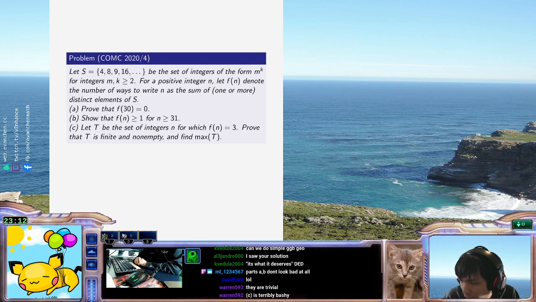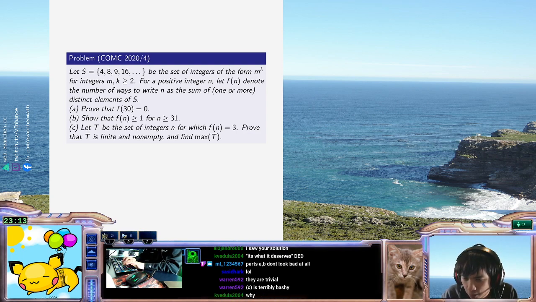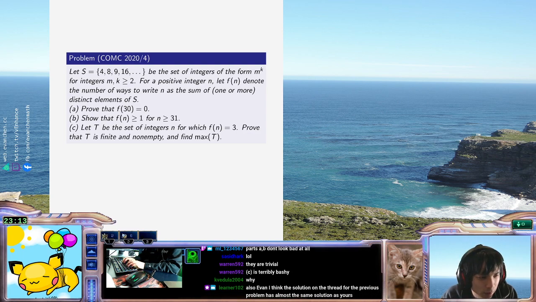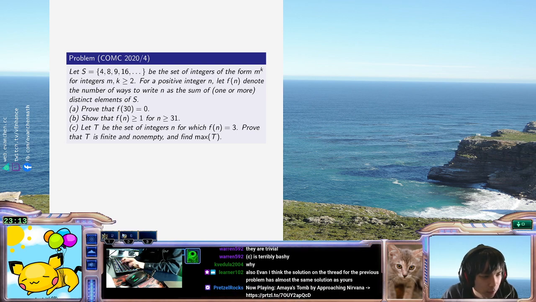For which f(n) equals 3. Okay, yeah, A and B look like... Okay, so A looks like it's gonna be... Do you actually want me to do A and B?